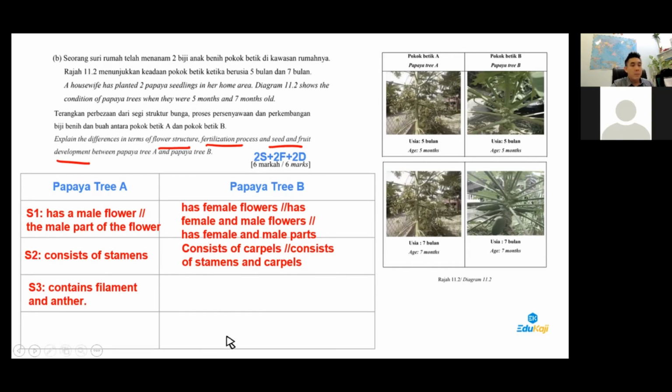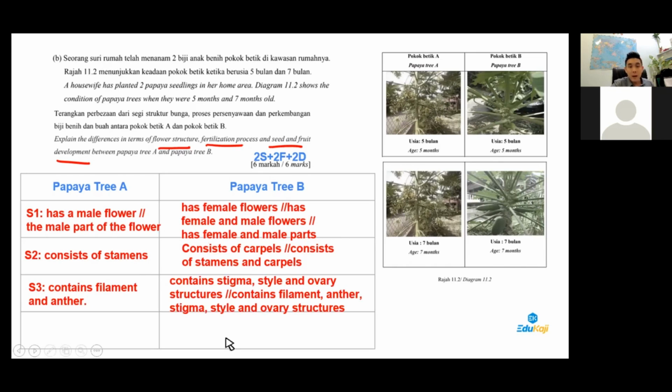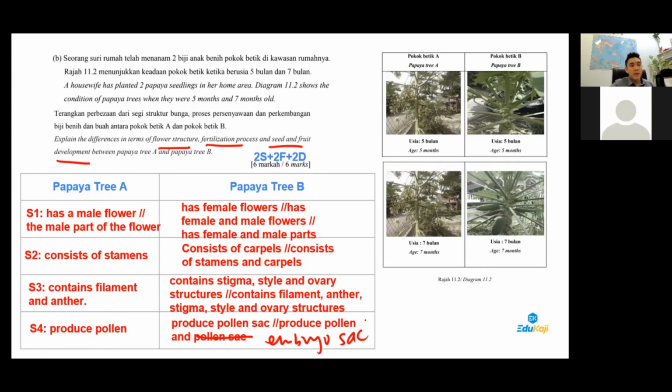The female papaya tree has the female parts and also the male part. They're quite flexible, whether you just write female or both male and female, they also accept. This one produces pollen, some produce embryo sac and pollen. So they basically want you to differentiate the male and female plant.